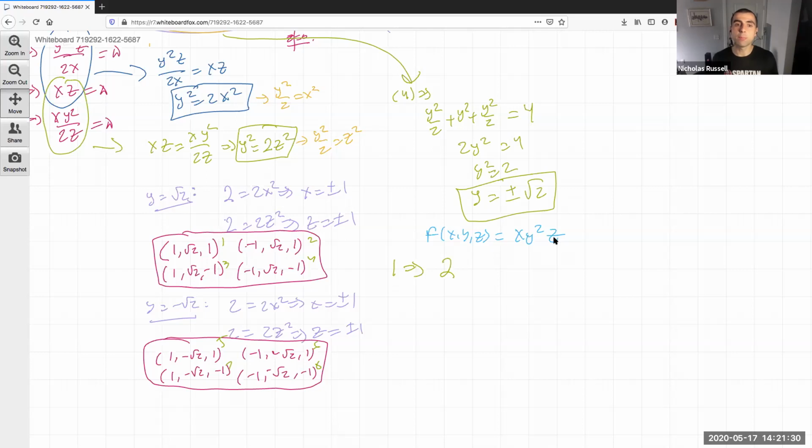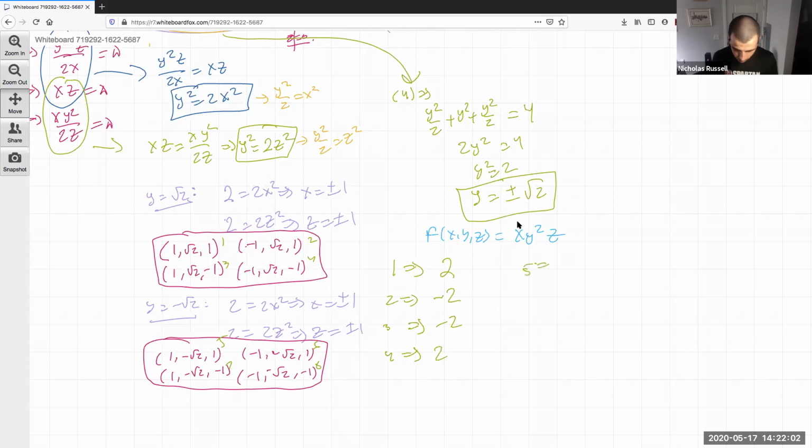So they're all going to be either 2 or negative 2, because everything is going to just be either negative 1 or 1, negative square root of 2 or 2, or something like that. This second one will give me, because I have a negative here, a negative 2. 3 here, because I have a negative here and a positive there, it's going to be a negative 2. 4 here is going to give me a negative times a negative, which is a positive. So this is going to be a positive 2.